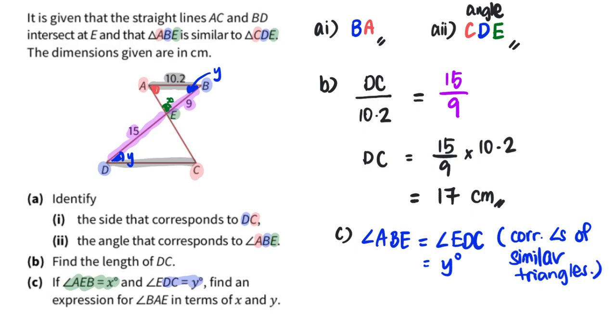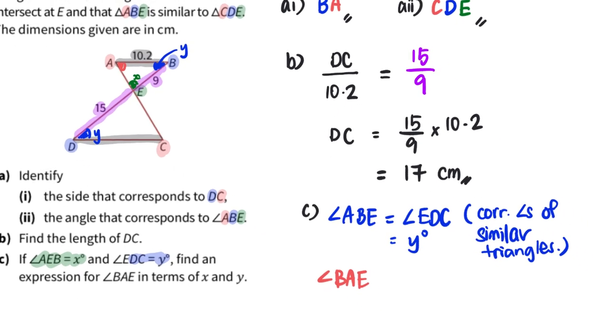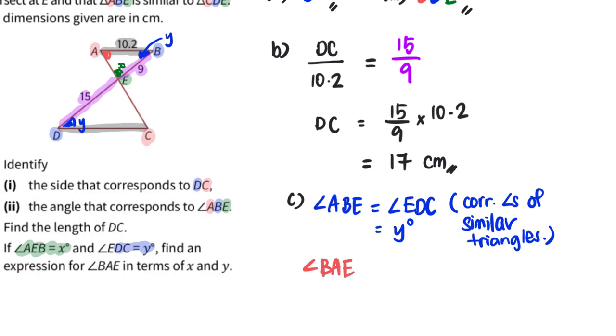And with that, I can then express my angle BAE as equals to 180 degrees minus my X, which is BEA, degrees, minus my Y degrees, which is angle ABE.